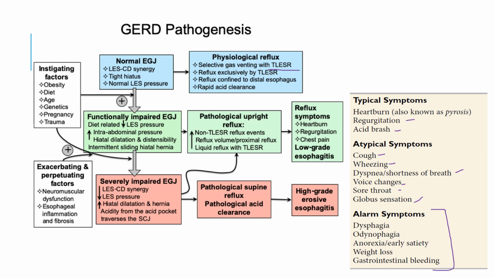It may have progressed to Barrett's or even adenocarcinoma. So these are alarm symptoms: dysphagia, odynophagia, anorexia, early satiety, weight loss, and GI bleeding. So GERD can predispose to esophagitis, erosive esophagitis, Barrett's, and finally adenocarcinoma.